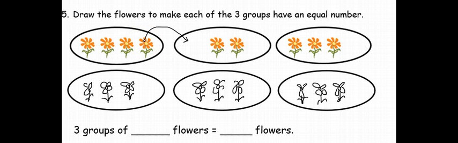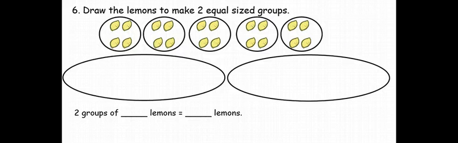And filling in the blank, we have 3 groups of 3 flowers. 3 groups, each group has 3 flowers in it. In all, we have 9 flowers. 3, 6, 9.